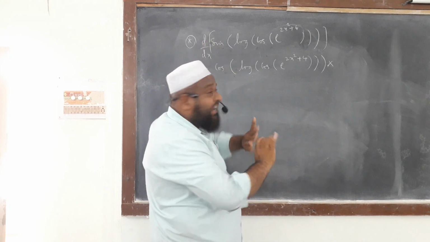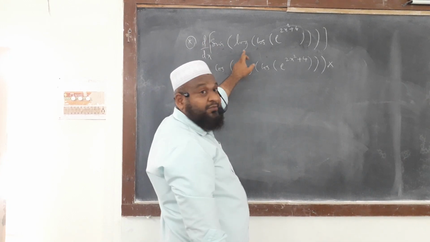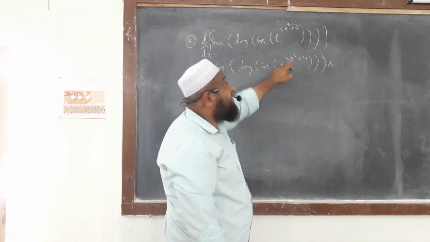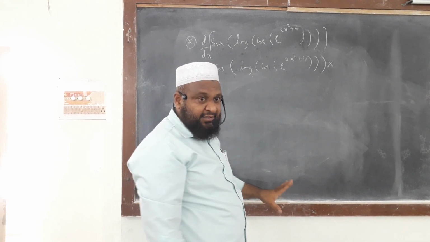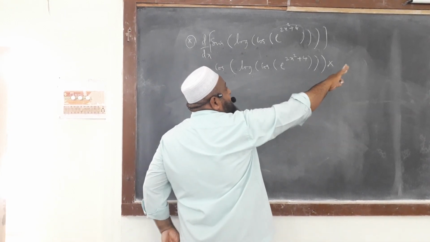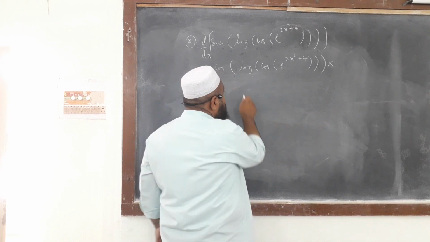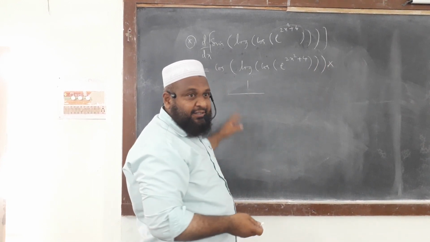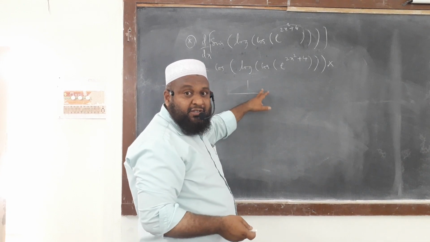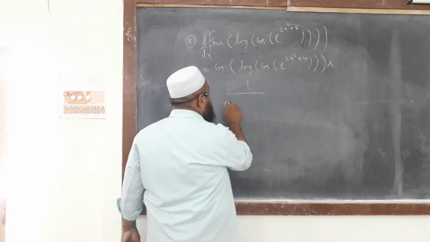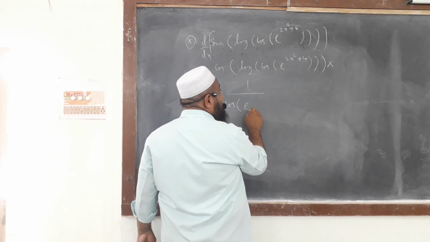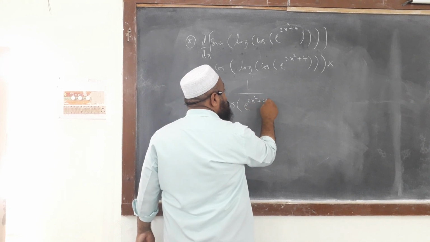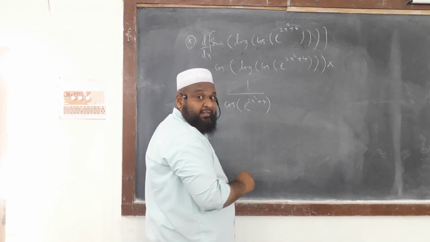So sine is handled. Now we will come to log. Log of something is 1 by that something. So 1 by, because there is not much space available there, I am writing here. Actually it should come there, it looks beautiful, right? So 1 by what now? Come on. Cos of, very good, cos of e to the power of 2x square plus 4. Finished.